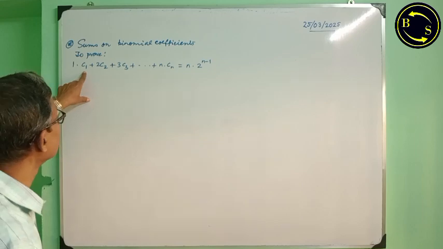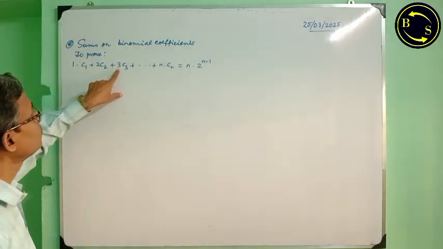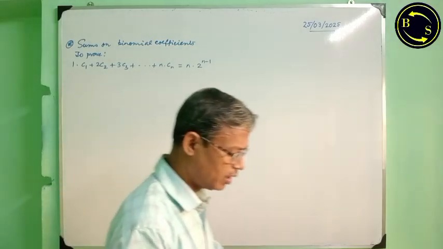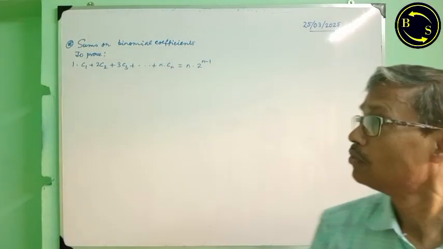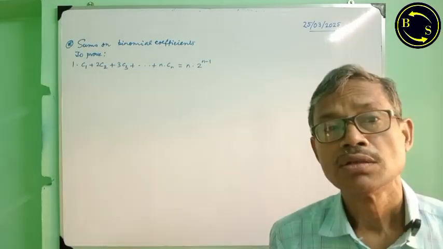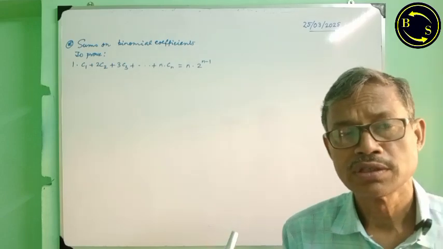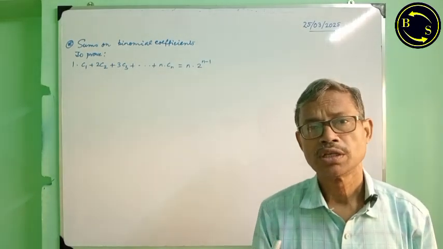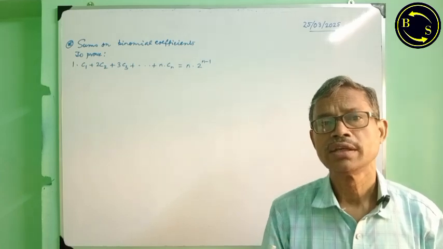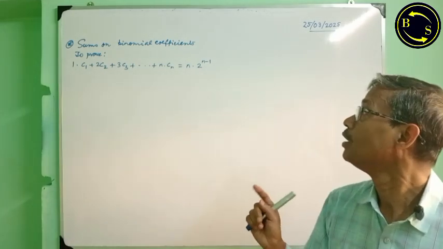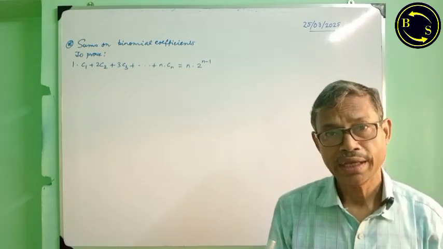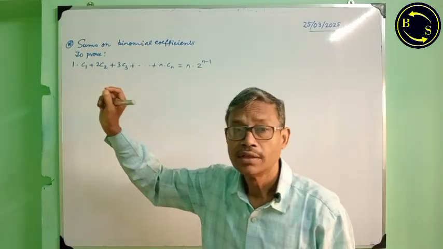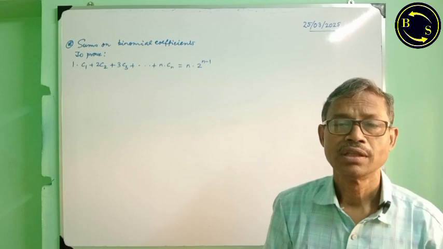First I follow the terms C1, C2, C3, Cn. In the original one, the sum of all the coefficients means C0 plus C1 plus C2 plus C3 dot dot dot plus Cn is equal to 2 to the power n, but we find here C0 is absent.